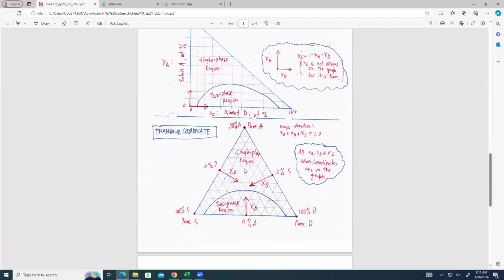Above that is a single phase region where everything will actually mix together and stay as one liquid that you can't separate.